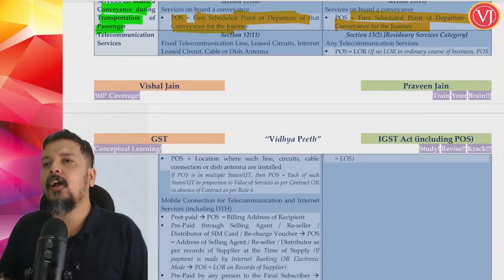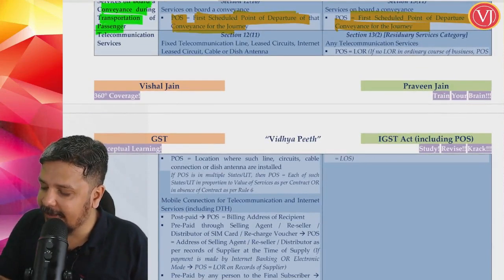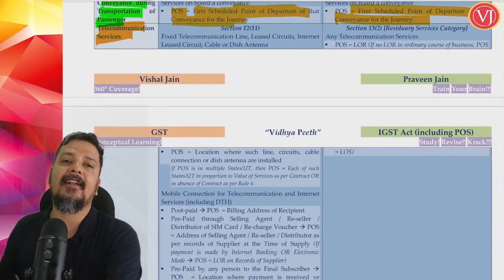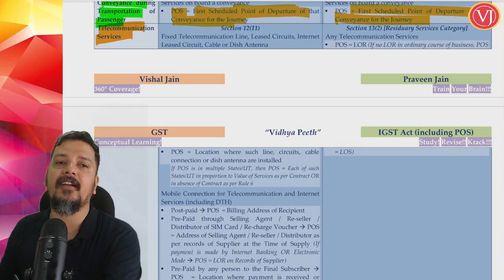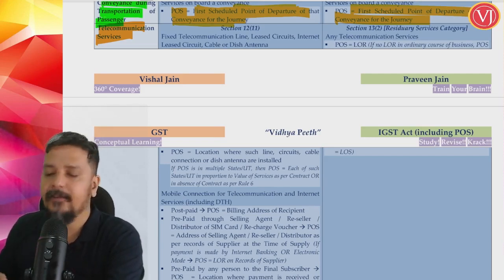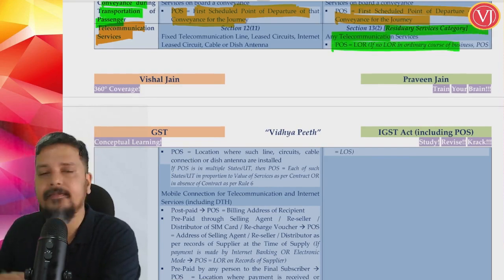Now, when you talk about the next category, telecommunication services. Please understand that the bifurcation of telecommunication services that we are going to discuss is given only in section 12. In section 13, it will go in the normal category.